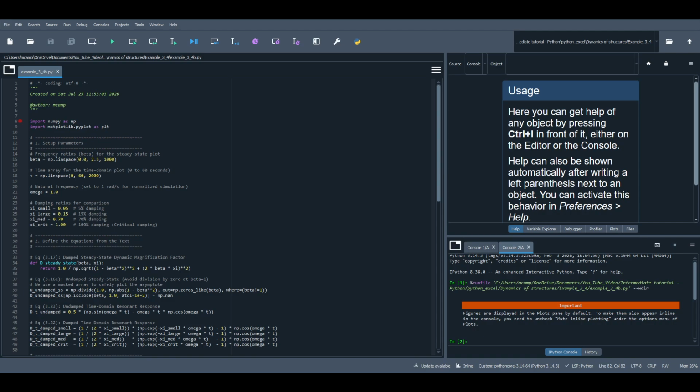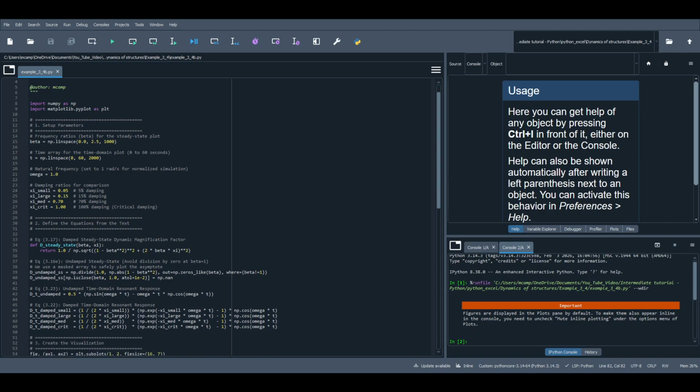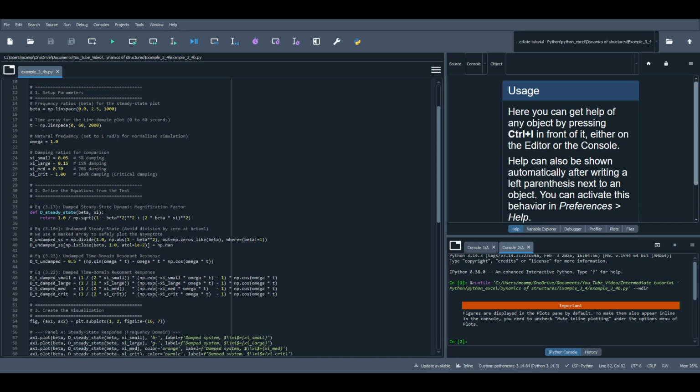There is line 89 where we import the library NumPy for mathematical operations and array generation, and import the library for creating the visualization. After that we define beta for the steady state plot and the time between 0 and 60 seconds, and define the natural frequency set equal to 1 radian for normalized simulation.